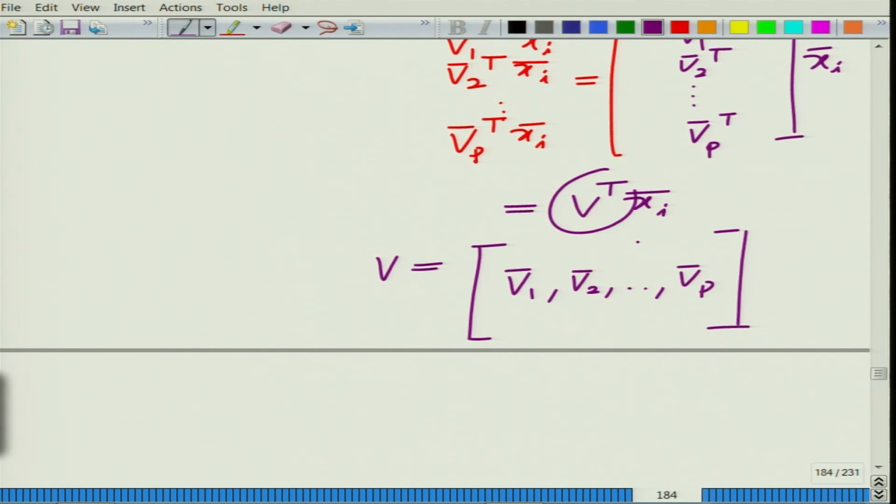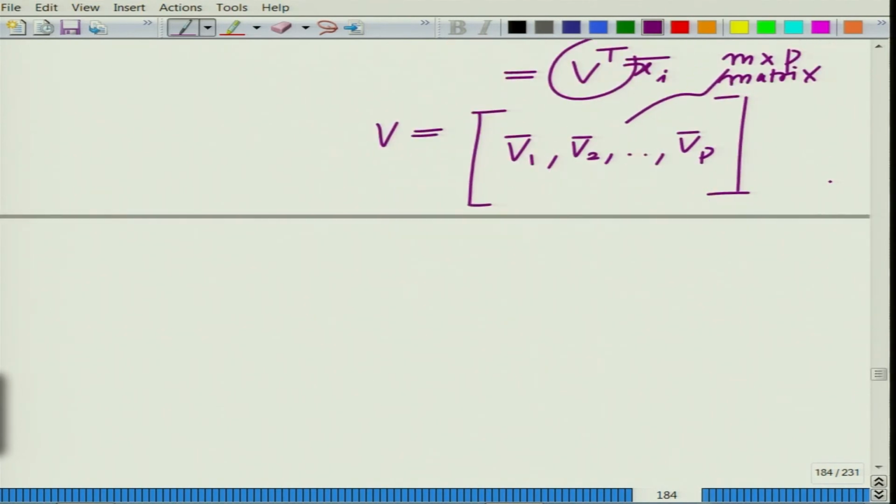Each is a vector of size m. So V would be an m cross p matrix.